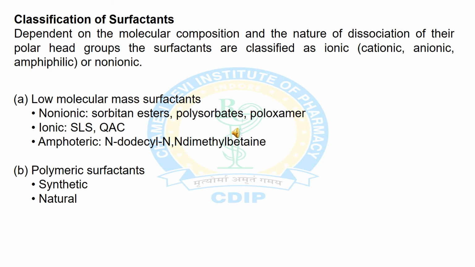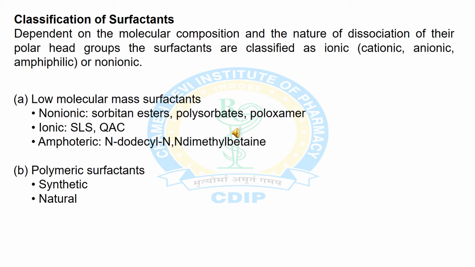Now, next is the classification of surfactants. Depending upon the molecular composition and nature of dissociation of their polar head groups, surfactants can be classified as ionic and non-ionic. The broad classification is low molecular weight surfactants, which are further subdivided into three parts: non-ionic surfactants, ionic surfactants, and amphoteric surfactants.